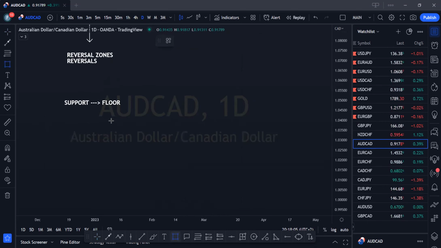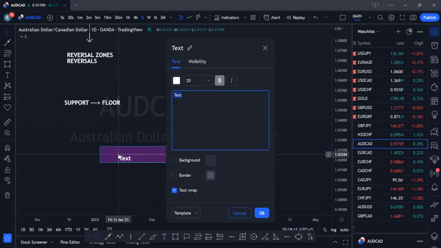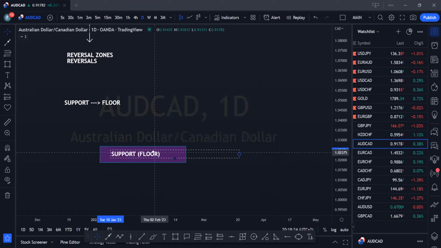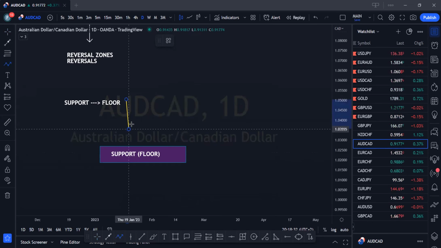All right, so let's say this is a support zone. So we are going to say this is support. I'll explain to you shortly how we find support. Floor. Okay, so remember how price moves. Candlestick. So we see price moving all the way down, and then when price gets to a particular point, immediately we see a reversal.